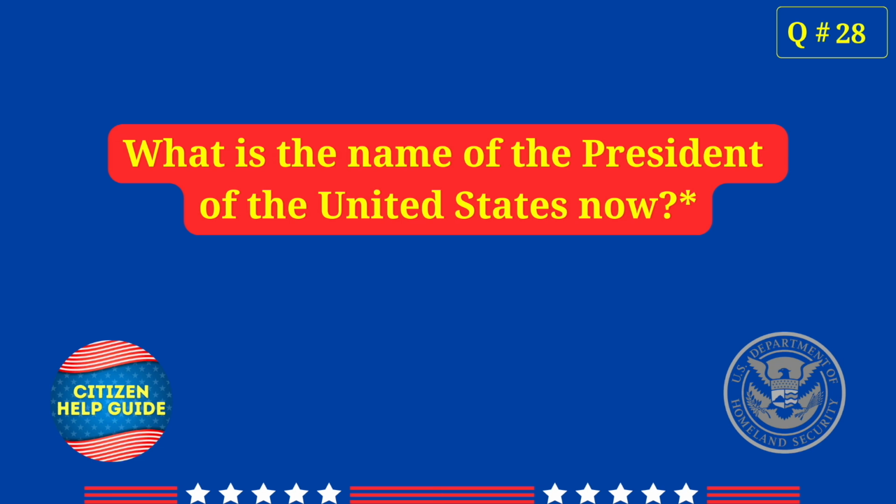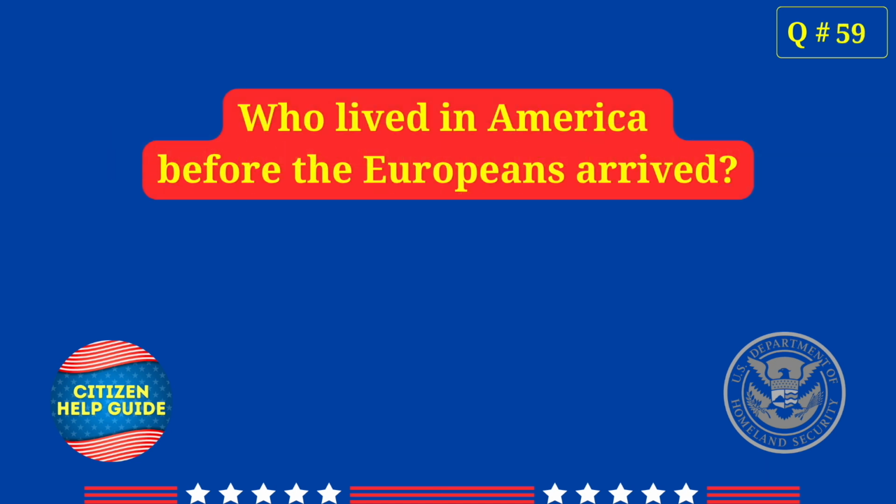What is the name of the President of the United States now? Donald Trump. Who lived in America before the Europeans arrived? American Indians.